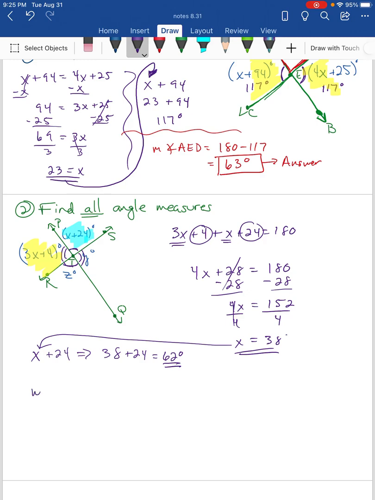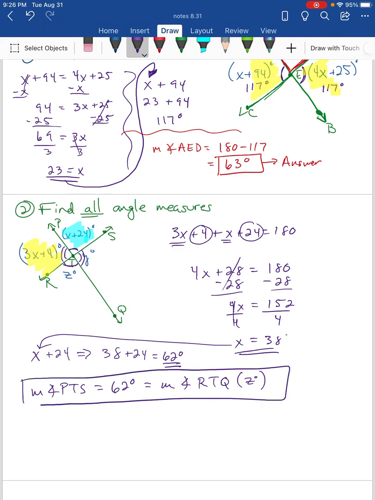So the measure of angle PTS is equal to 62 degrees, which is also the measure of angle RTQ, which was z degrees. Here I have 2 angle measures, which is part of my answer.